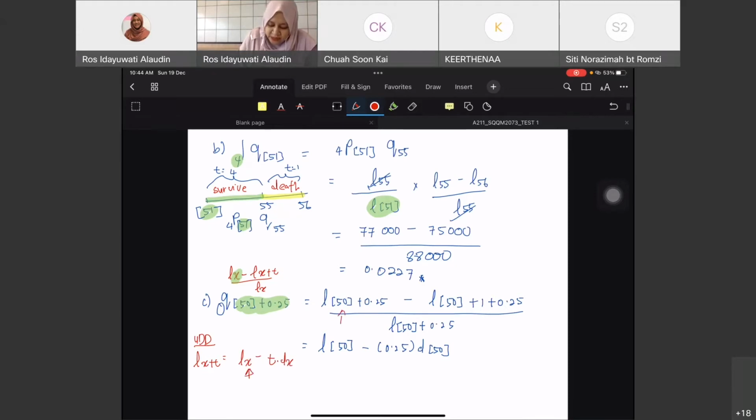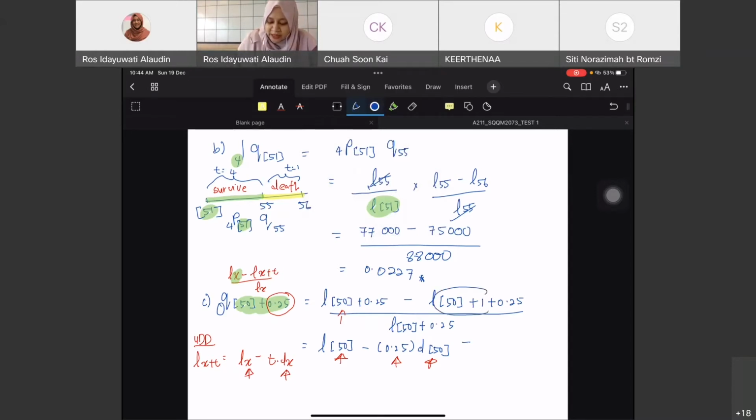So we take x only, l[50] minus t, where t is the fractional 0.25, and dx is d[50]. d is the number of deaths. Okay, so minus l[51].